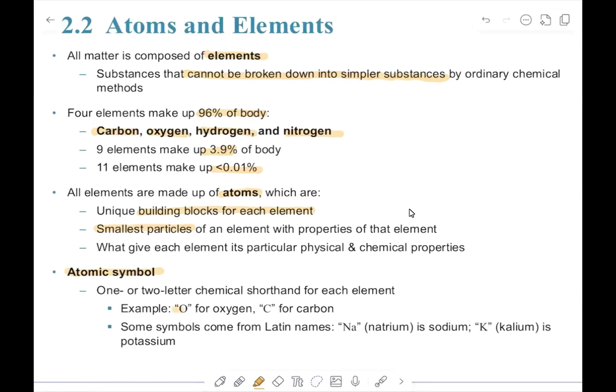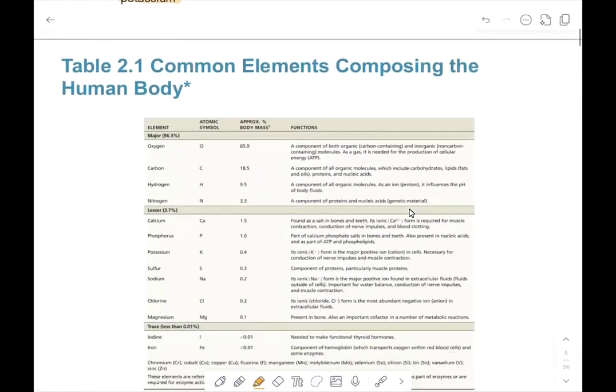But one of the normal ones would be O for oxygen, C for carbon, but some of them are actually derived from their Latin names. So one example would be sodium, Na, which comes from the Latin word natrium. K is for potassium, and that comes from the Latin word kalium. But you should definitely know that Na is sodium and K is potassium.